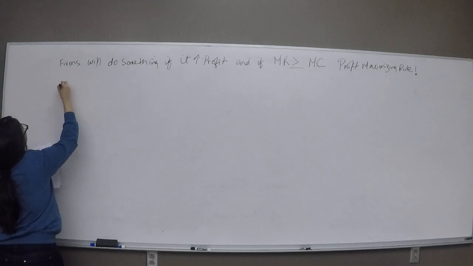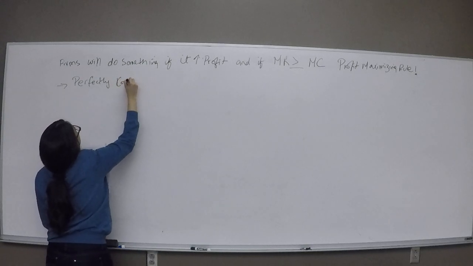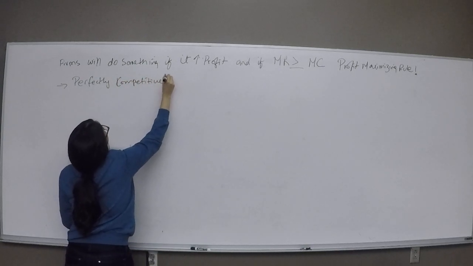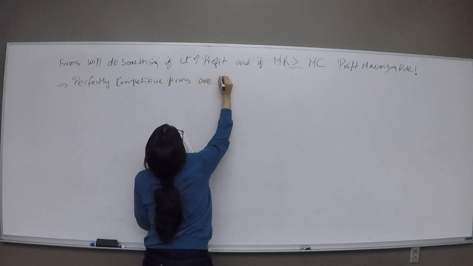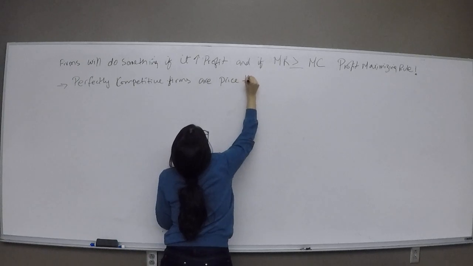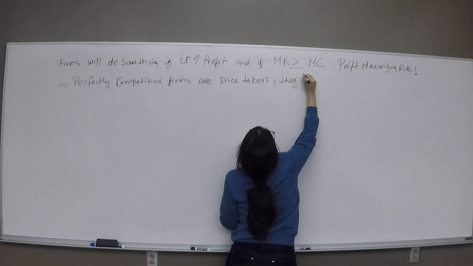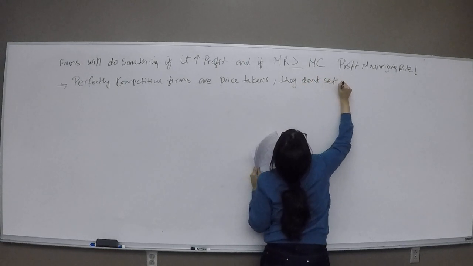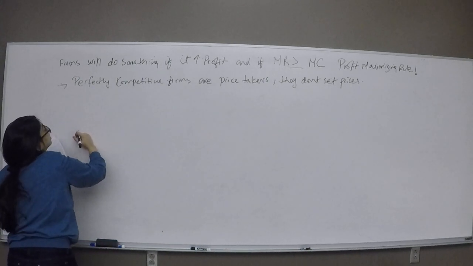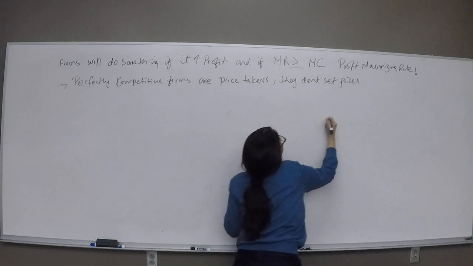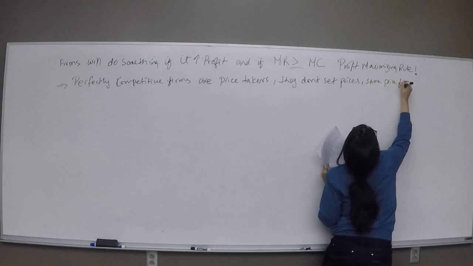So we said that perfectly competitive firms are price takers. They don't set prices. Same price for every unit sold.